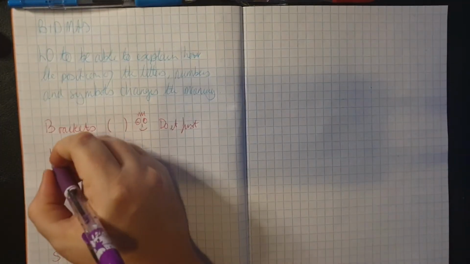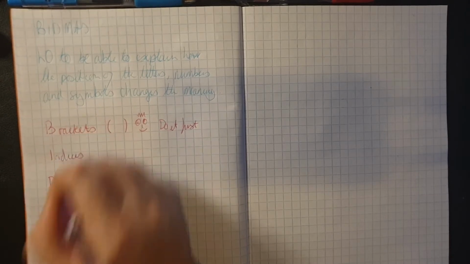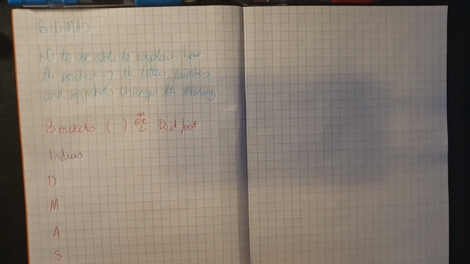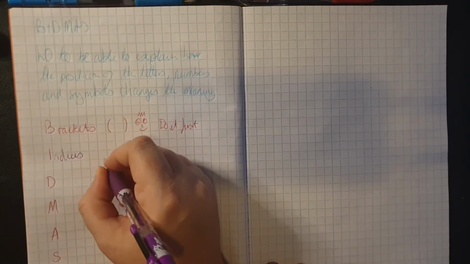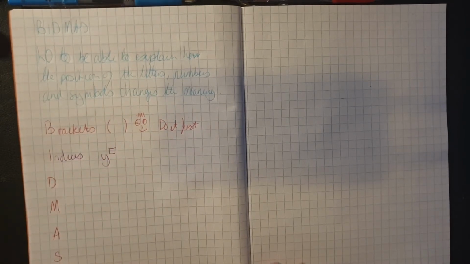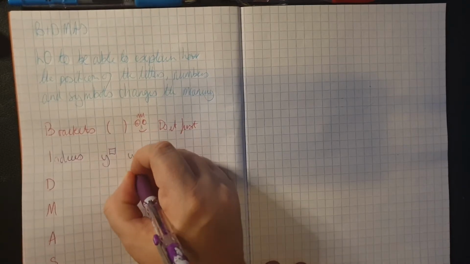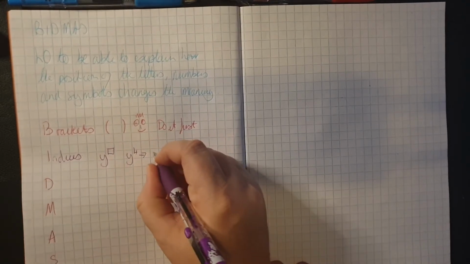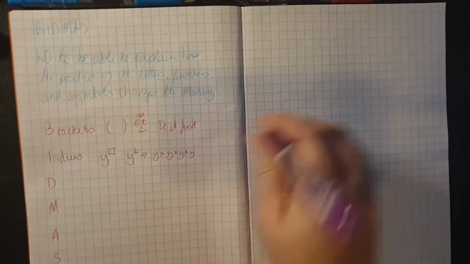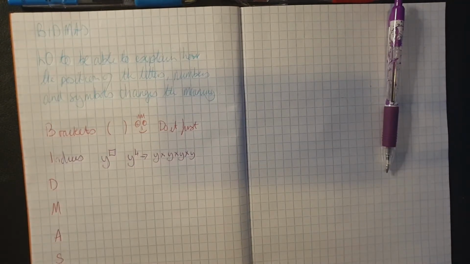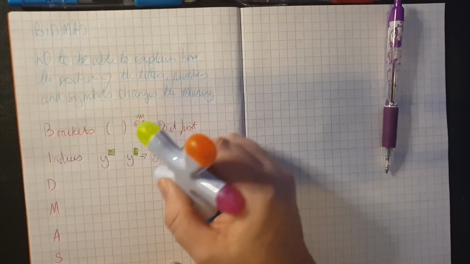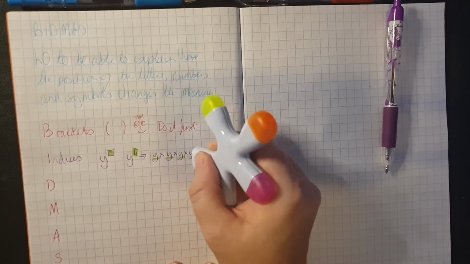The next word is indices. Okay, now indices are where you've got a number written in that top right hand corner. So it could be absolutely anything, and you've got something written in that top right hand corner. So for example, if I do y to the power 4, that means y multiplied by y multiplied by y multiplied by y, because there are 4 y's, 1, 2, 3, 4.